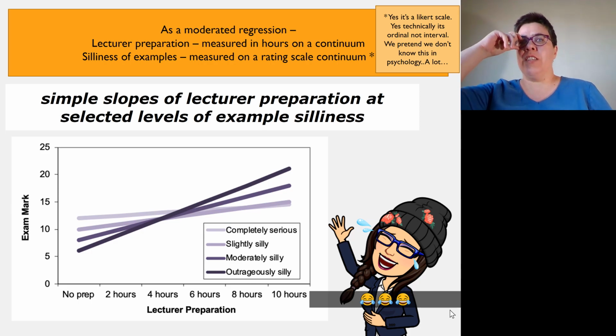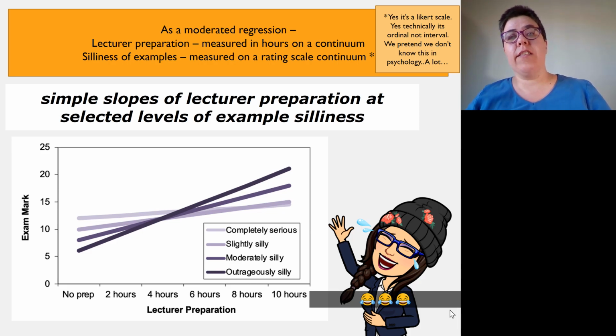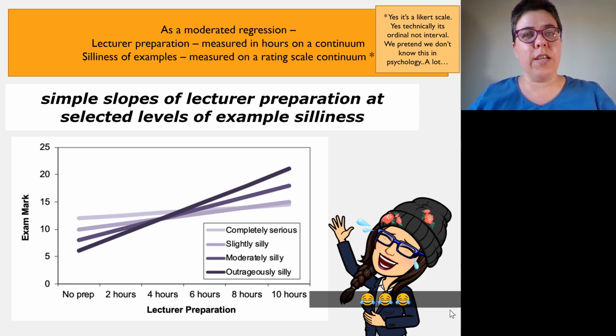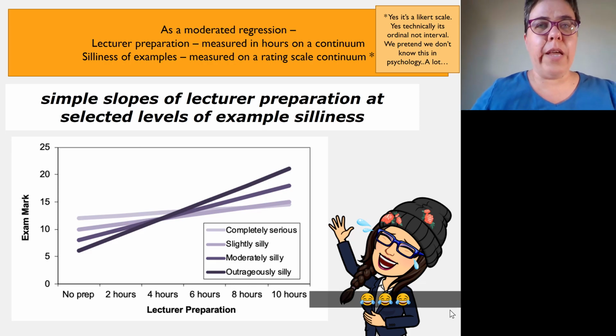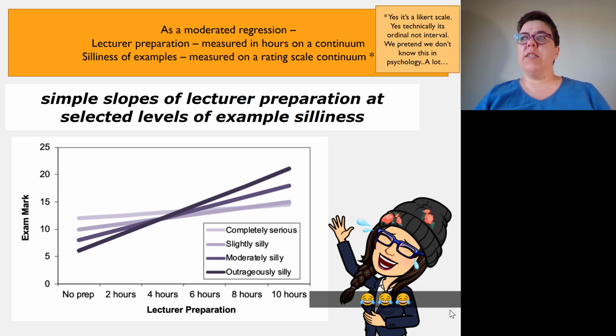Up the top there, you can see that the rating scale continuum sometimes is criticized by reviewers or angry statisticians because technically it's ordinal, not interval. So for those of you who dimly recall from high school or first year where we covered this, ordinal is a scale where it goes in gradations of intensity, but it doesn't necessarily mean that the scale is constant in its interval.